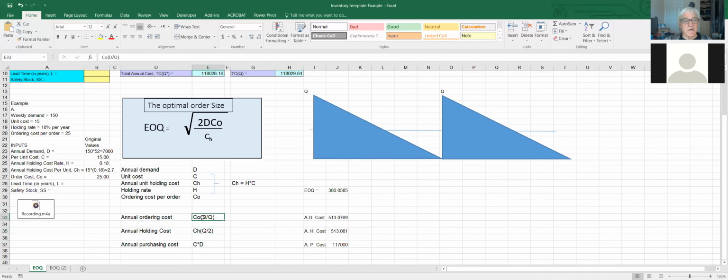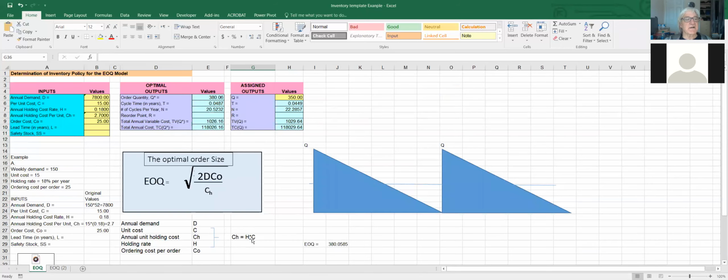So only these two are affected by changing the order size. This one remains unchanged. To affect the total cost, you need to find the optimal Q, the one that minimizes the sum of these two, because this one will not change anyway. Actually, this one is a sunk cost.